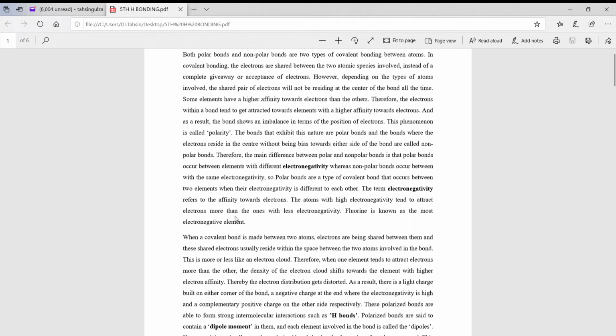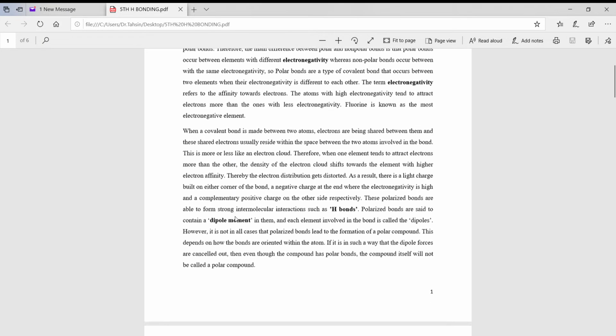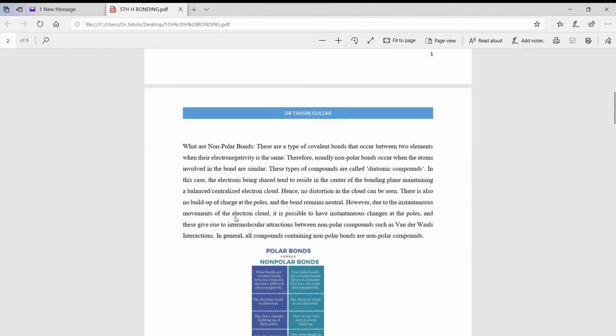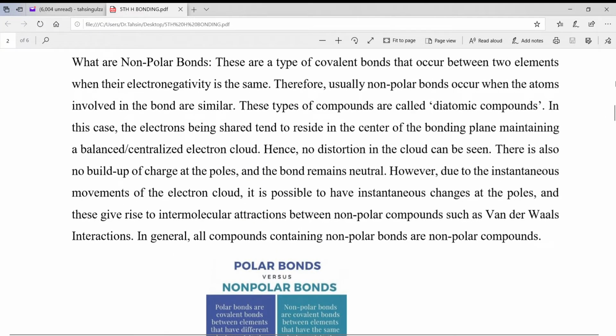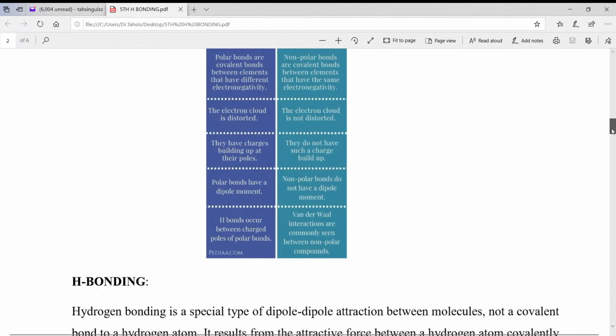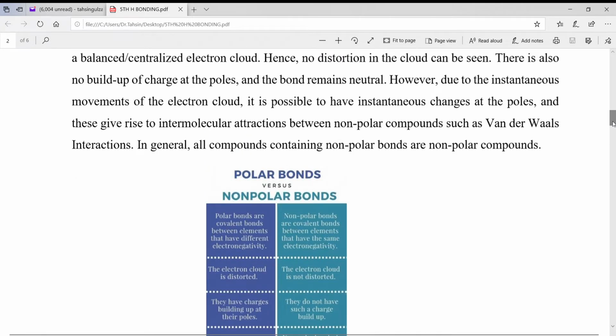Now, I have told you the differences of polar and non-polar bonds.